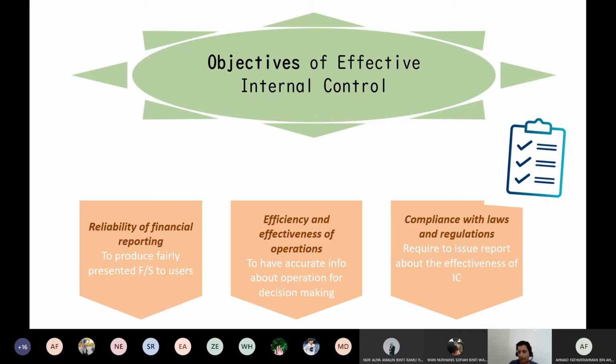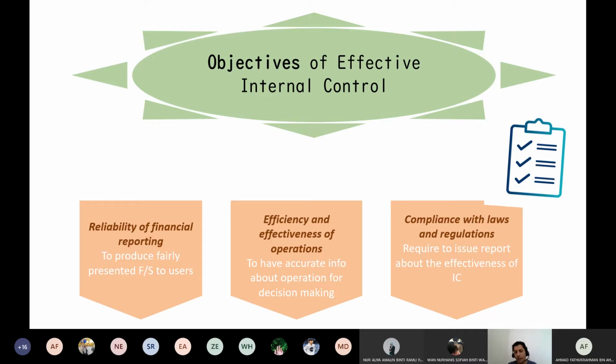Okay, then the next objective is about the effectiveness and efficiency of operations, ensuring that the operations, the performance of the employees and of the machines, are all accurate and operate in the correct manner, which will enhance achieving the objectives.